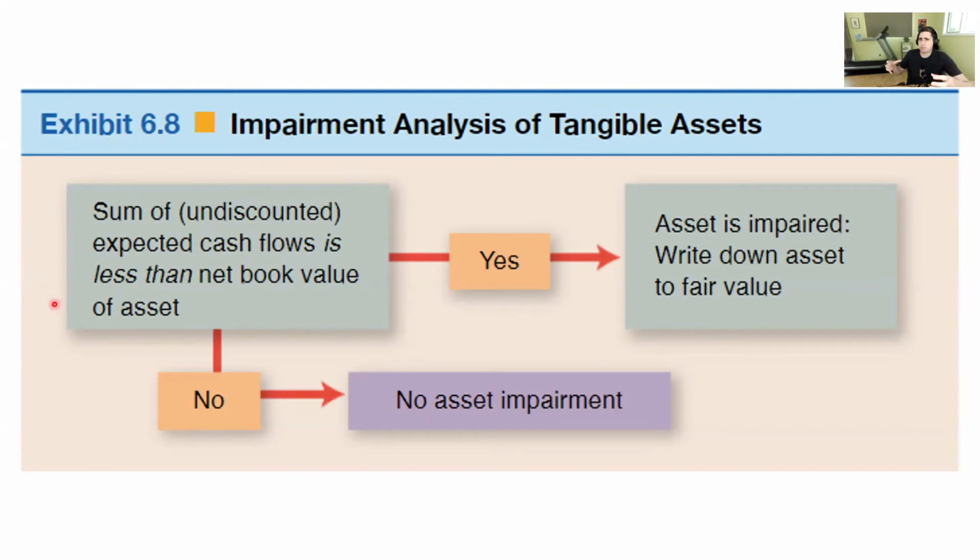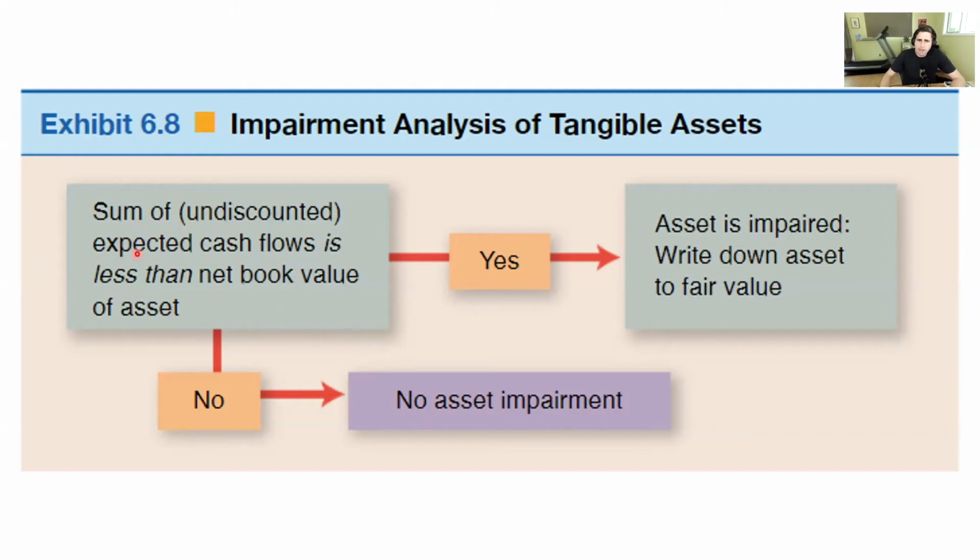So a certain piece of property, plant, and equipment like this chair is going to generate cash flows in the future because it's so comfortable, I'm going to be more productive, okay? So this chair is going to generate cash flows in the future. I could make a list of those future cash flows and then sum them up. So what is the total future cash flows that our company is going to have thanks to the fact that we have this chair? That's what this first square is here.